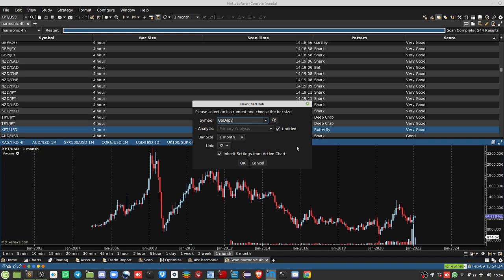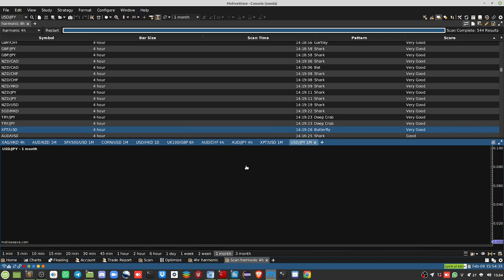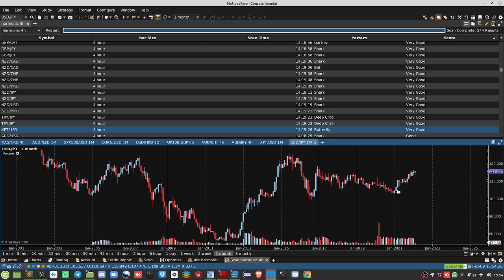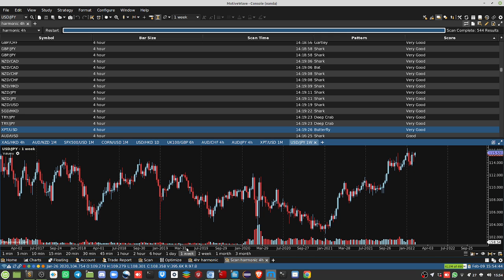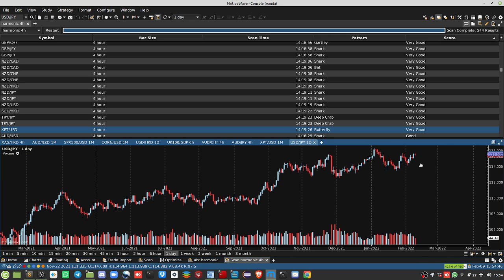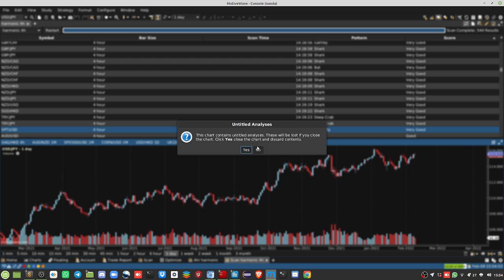The idea here is to filter out volatile ones. So here on the monthly view, you can see that nice uptrend. Same with the weekly, and the daily right there. So it has a nice little upswing compared to what else I showed you earlier.